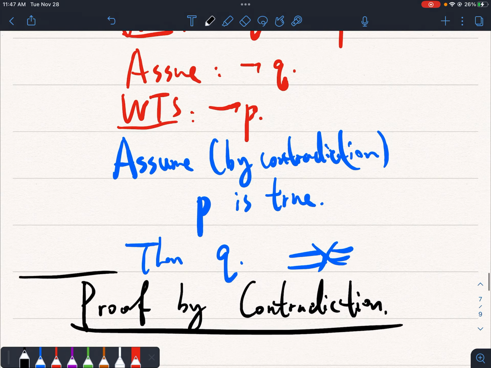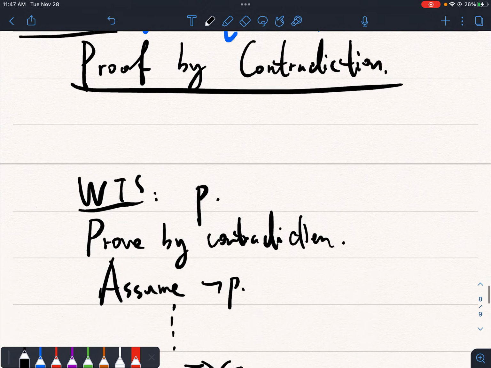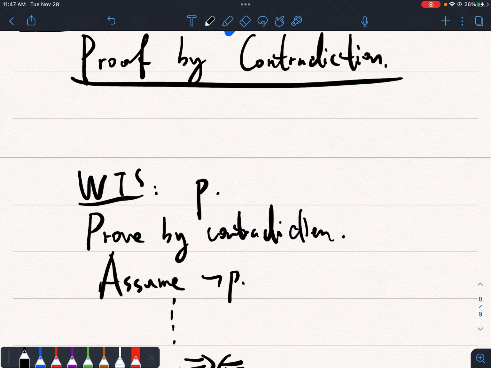It has to be in this form, and then you change Q to here and then add a not, and you change P to here and add a not. So this is in a very special form. It's in the form of something implies something, but this proof by contradiction can be applied in any statement, right?